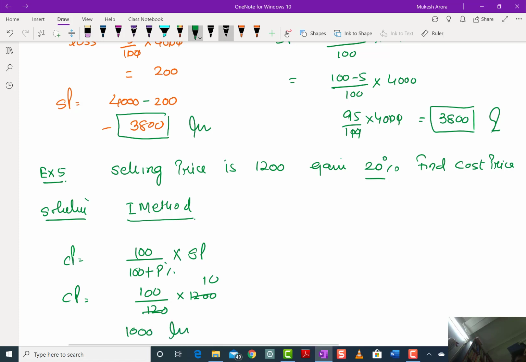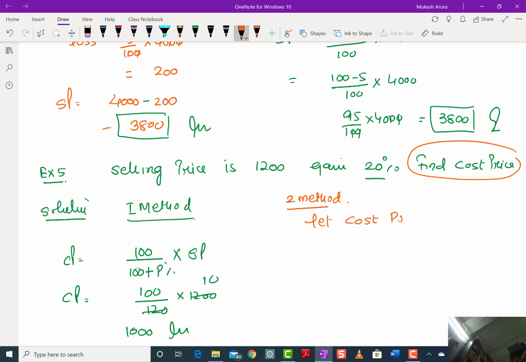The second method is, now we have to find the cost price. We can assume, let the cost price be X. Profit is 20% on X, that will be 20 by 100 X. Selling price will be CP plus profit.